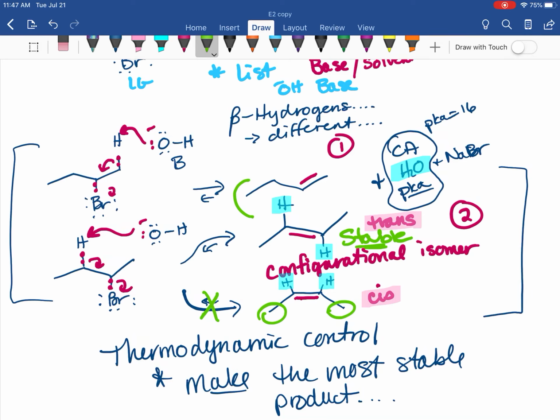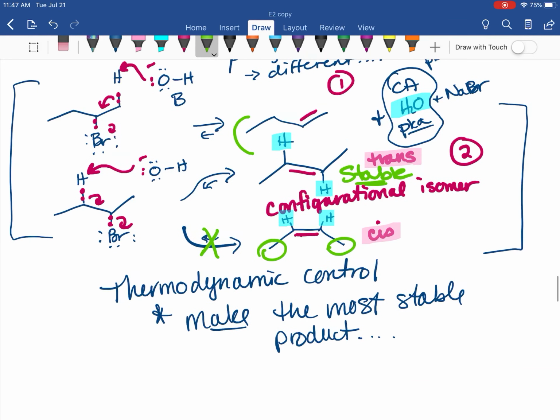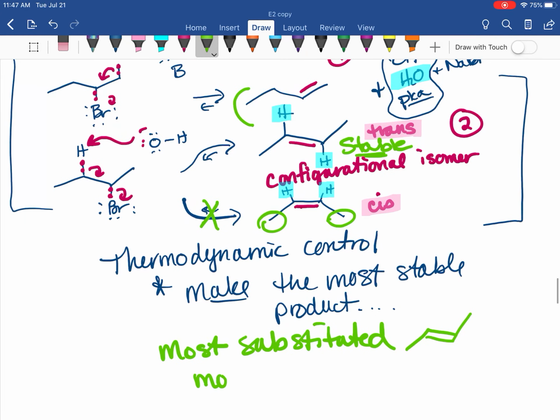So now let's compare these two. How do you compare the energy on those? They're kind of similar. The only thing that's different is how much stuff is around your double bond. It turns out that the more stuff around your double bond, so the most substituted alkene, will be more stable.